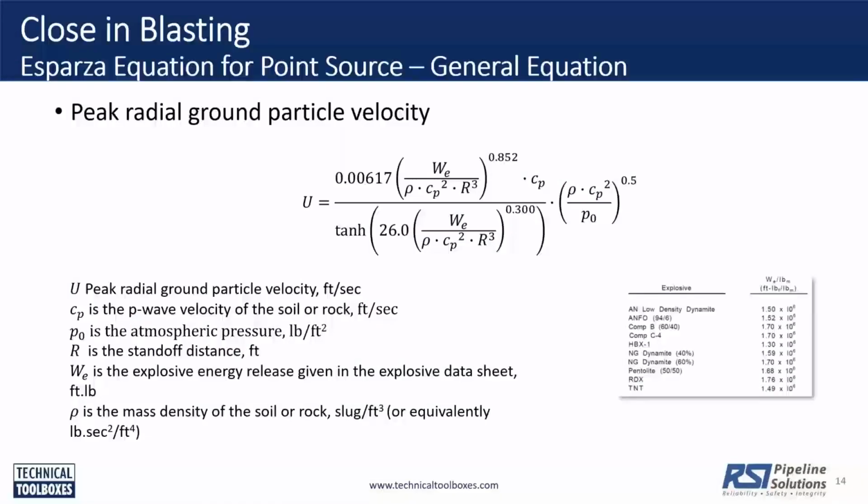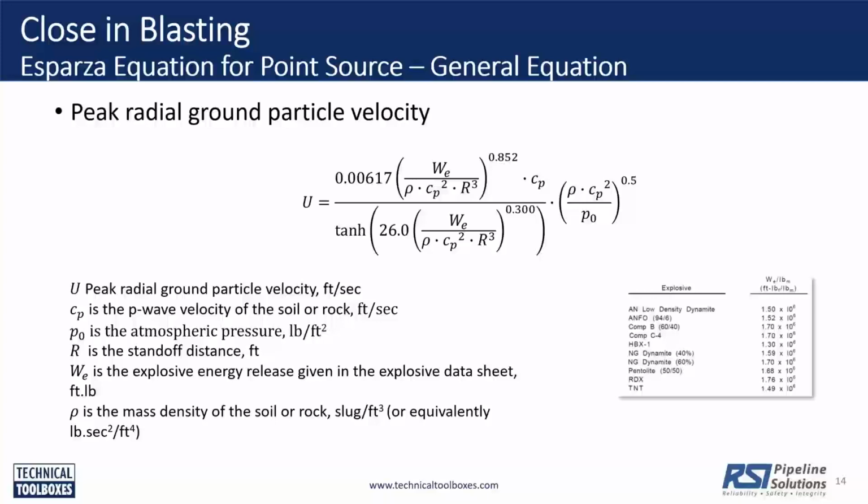Okay, so finally, this is the equation that we use for close-in blasting, Esparza's equation that I mentioned. This is the equation for a point source. Point source means that there is only one blast hole, right? The explosive is at one location only. There are situations where you are dealing with a grid, more than one blast hole at the time.